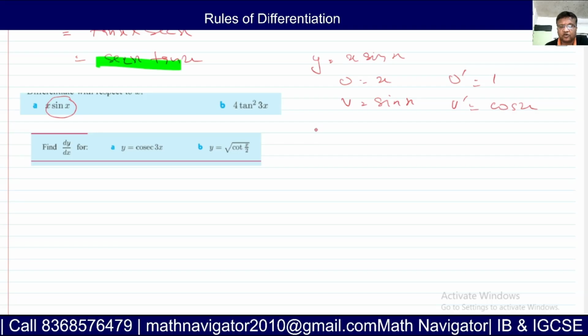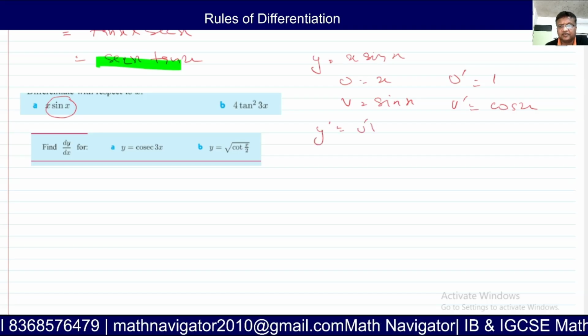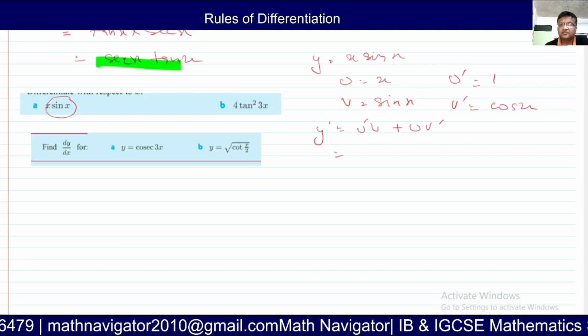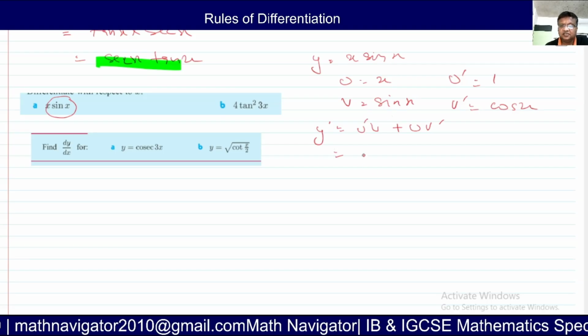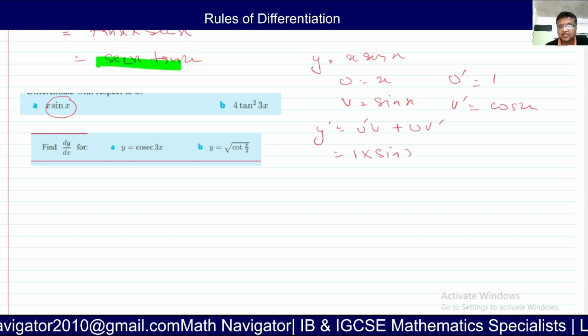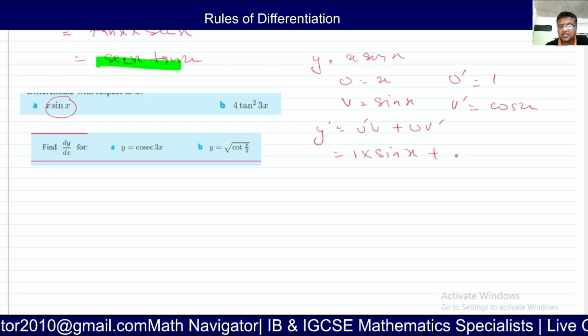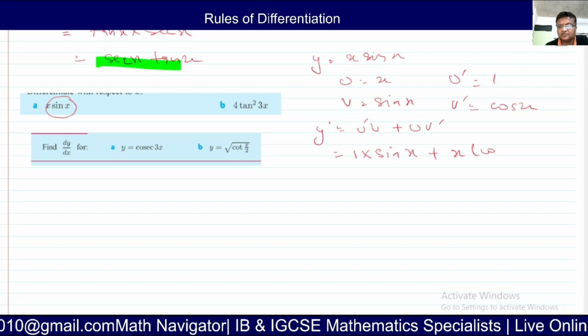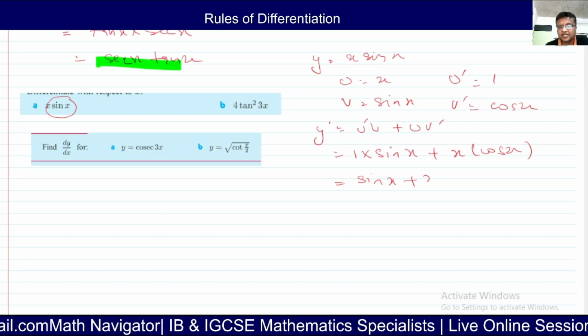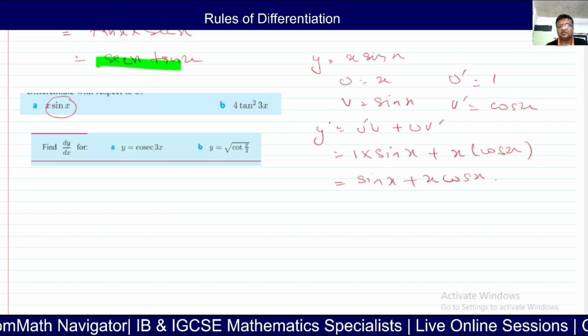Just put in the formula, y derivative is u derivative v plus u v derivative, which will be 1 times sin x plus x cos x. Perfect.